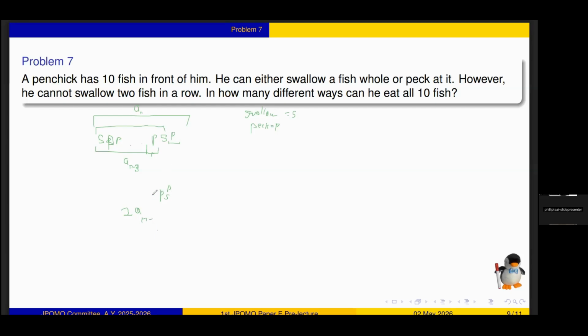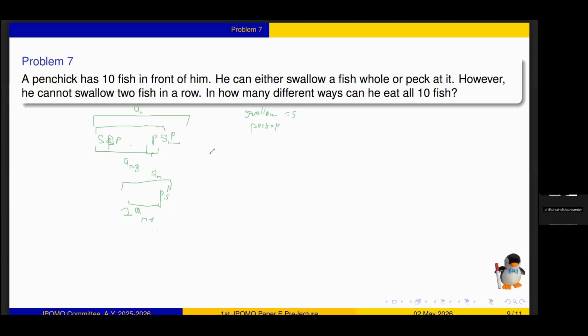If you have n fish here, then this is a sub n minus 1, this whole thing is just a sub n minus 1 ways, and you have two ways for the next choosing.